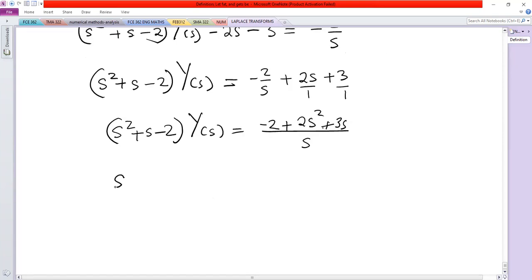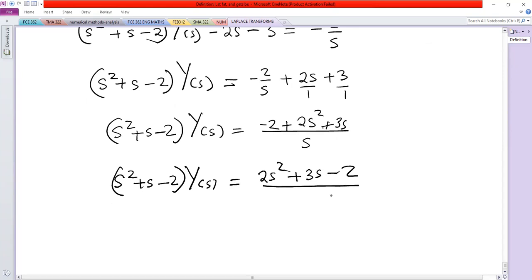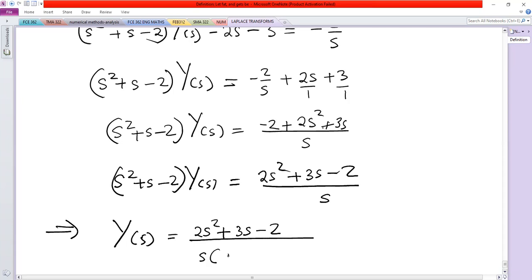Which implies s squared plus s minus 2 times Y of s is 2s squared plus 3s minus 2 divided by s. So this implies that capital Y of s will be 2s squared plus 3s minus 2 divided by s times s squared plus s minus 2.